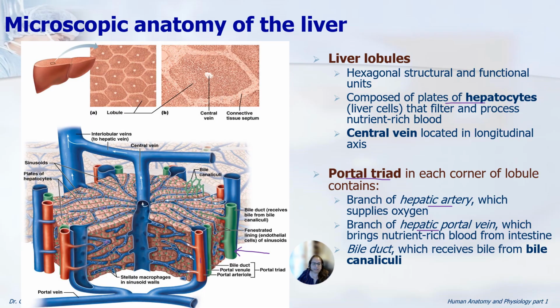Okay, and these foldings are like bricks or walls of hepatocytes. In between these hepatocytes, the cells are connected through small canals, and these canals are known as bile canaliculi.